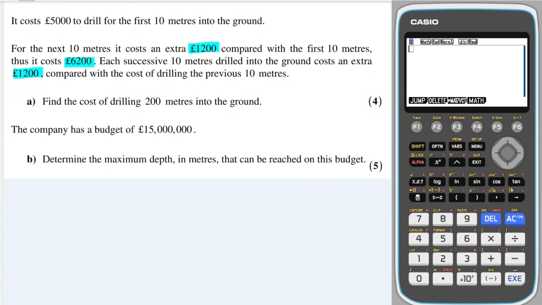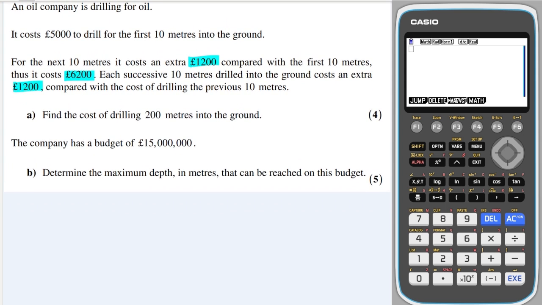Okay, so we're working in tens of meters. So essentially we want n to be 20 here. And the first 10 meters, so a is equal to 5,000. And the difference every 10 meters is 1,200.